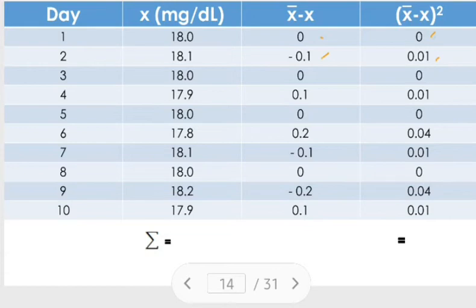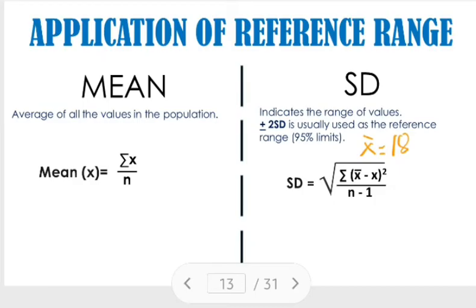So 0 plus 0.01 plus 0 plus 0.01 plus 0 plus 0.04 plus 0.01 plus 0 plus 0.04 plus 0.01, it is 0.12.